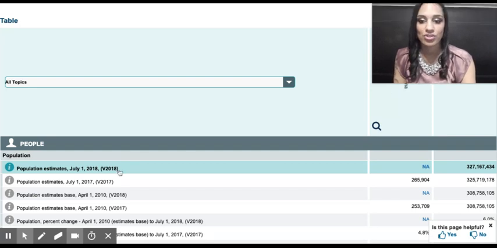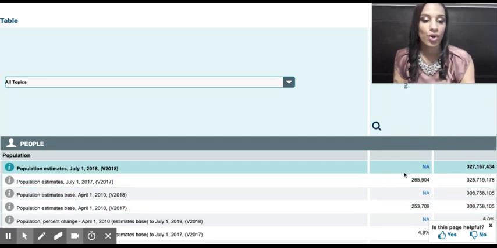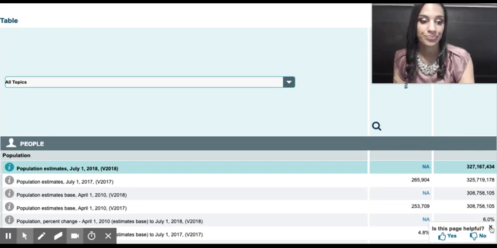So here it tells you the population estimation as of 2017. So this row right here is the city or state which you chose, but this row right here is in comparison to the United States. All right. So you get to see your city and how you compare to the United States overall.